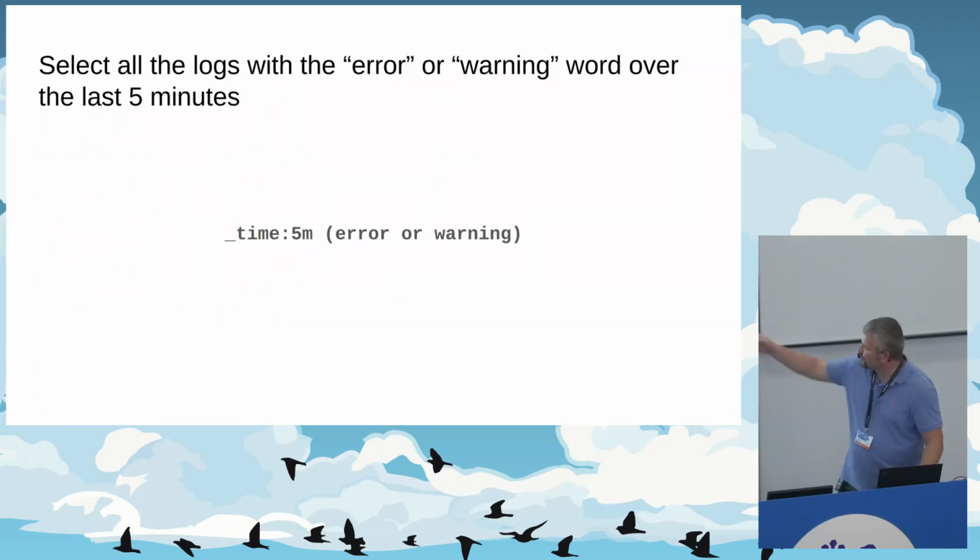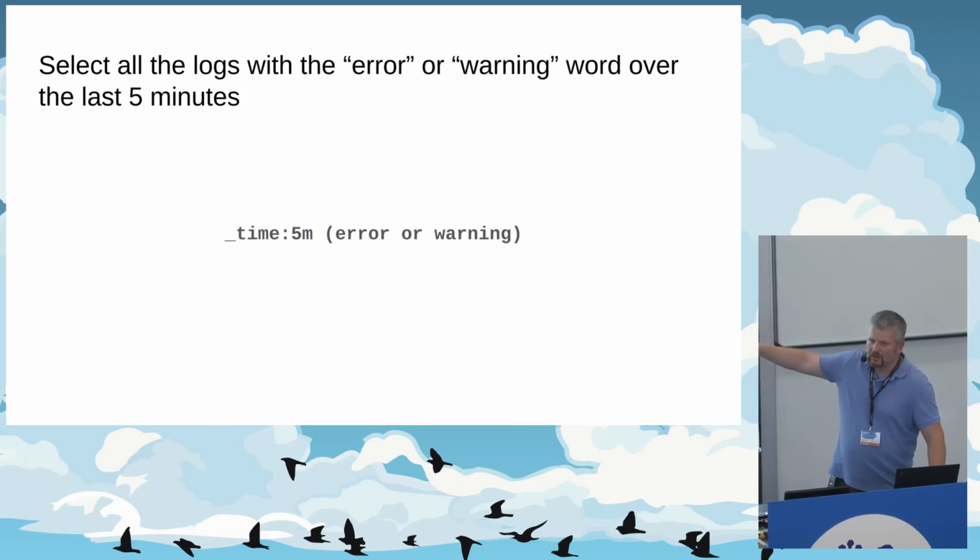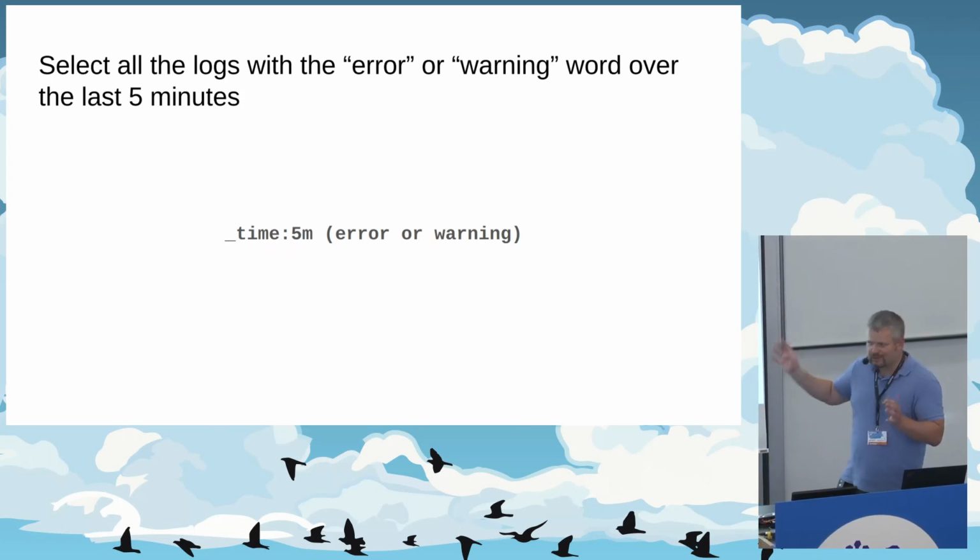Because if you don't put these parentheses, then the query will be executed as: find the logs for the last 5 minutes with the error word, or any logs with the warning word without the filter on time.